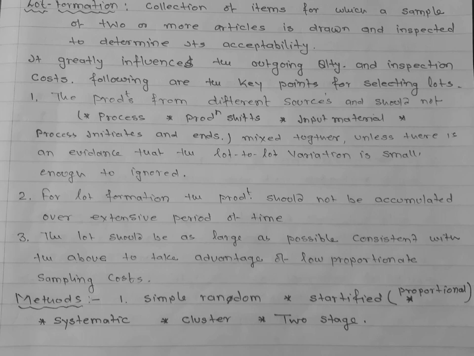Since a judgment about the lot is to be made on the basis of only the sample, it is very important that the sample truly represents the universe from which it is drawn. According to this method, a sample of requisite size n is drawn from a lot of size capital N in such a manner that, while selecting an item, the chance for any item of the lot being included in the sample is the same.